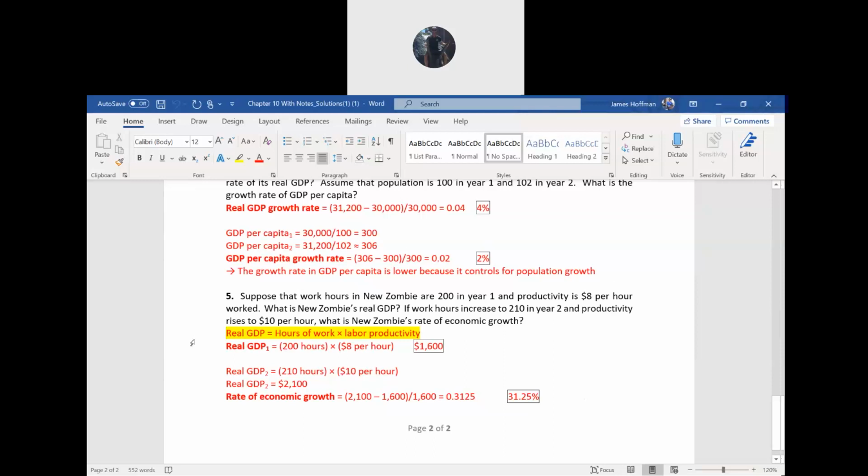All we got to do is plug in the values, and then we get our measure of GDP. So real GDP in year one, it was given that we worked 200 hours, and the question said that those hours were productive at $8 per hour. So 200 hours times $8 per hour gives us exactly 1,600 for real GDP in year one.